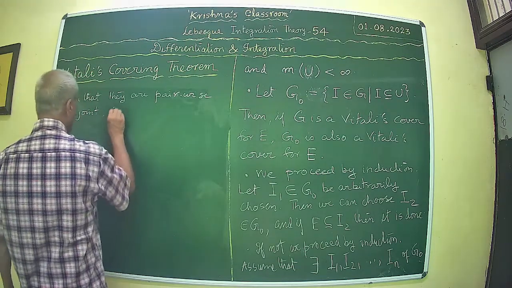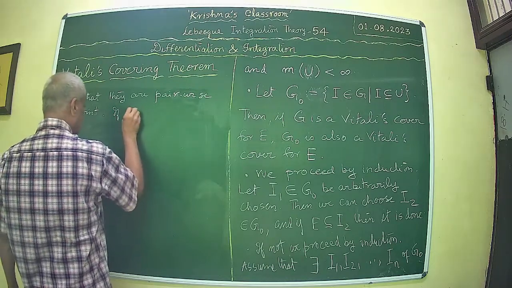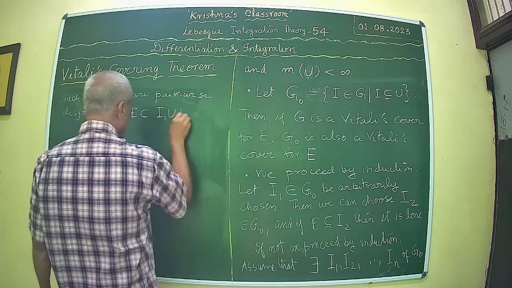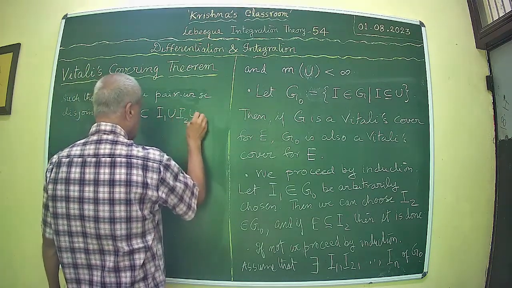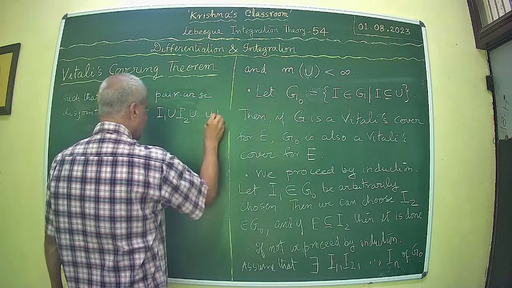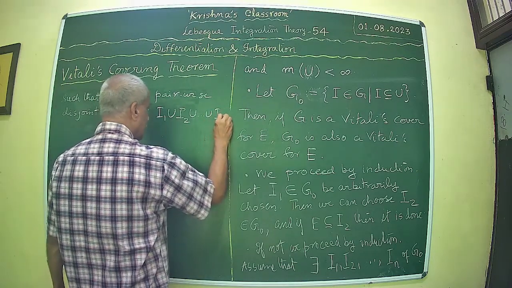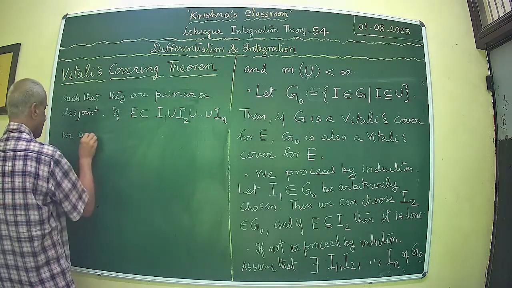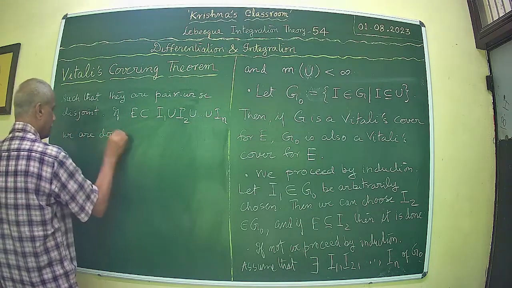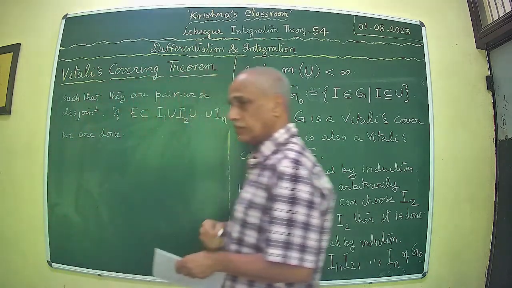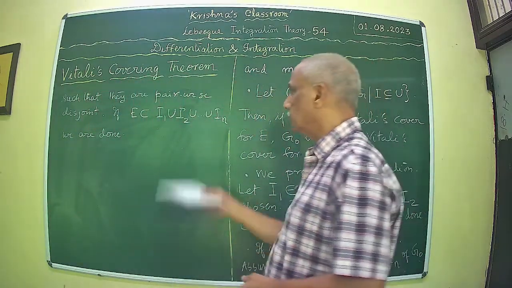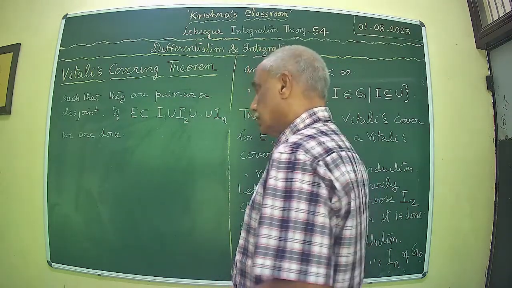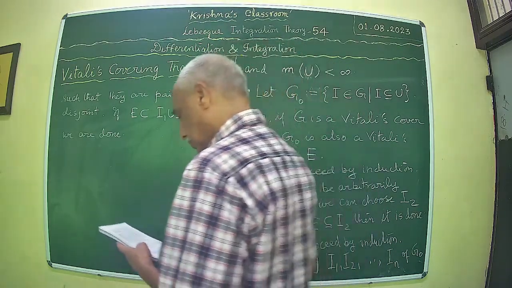Now if E is contained in the union, then we are done, because what happens is E minus the union of I1, I2, ..., In, the outer measure is going to be 0. Okay.